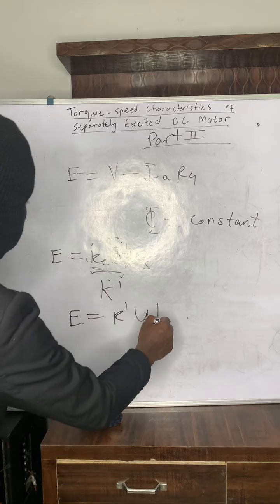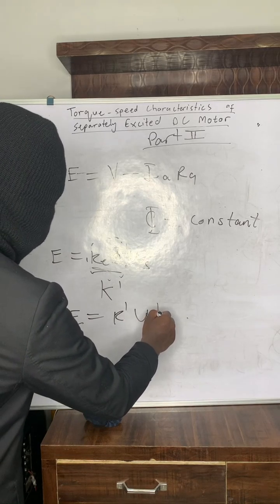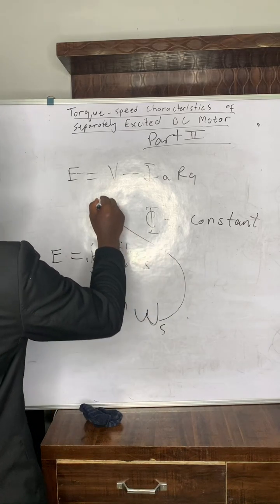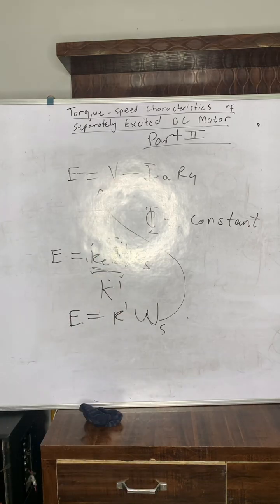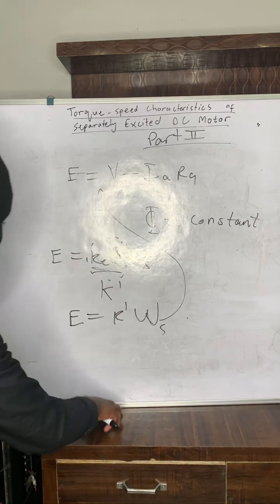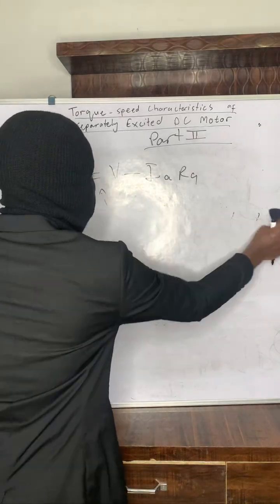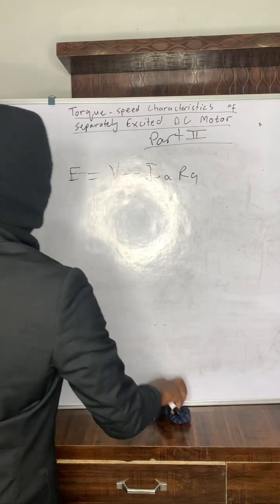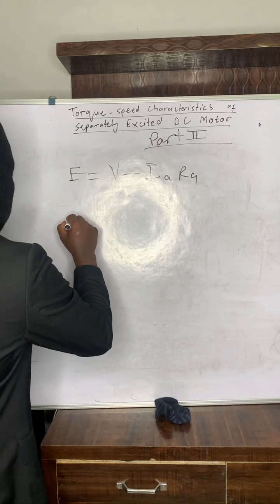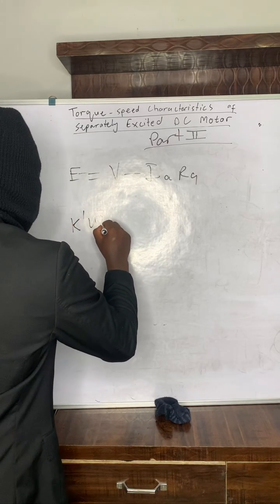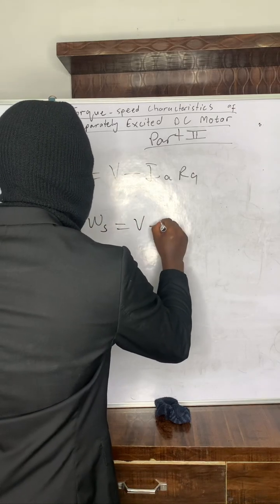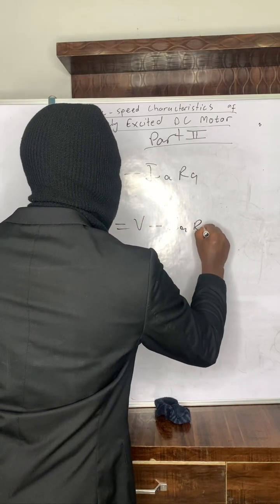So we are going to substitute this equation into this equation. Upon doing so, we are going to be left with K dash omega S, which is equal to V minus IA RA.